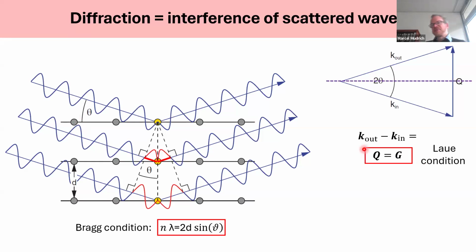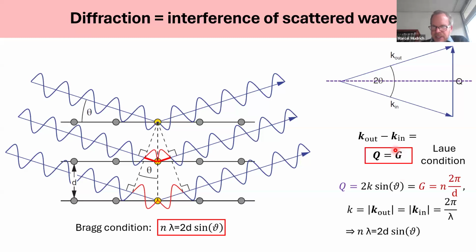For those of you who hopefully remember it from your solid state physics course, the Laue condition says that the difference vector between the wave vector of the incident beam and the scattered beam, this Q vector, has to be equal to some vector in the reciprocal lattice, in reciprocal space.